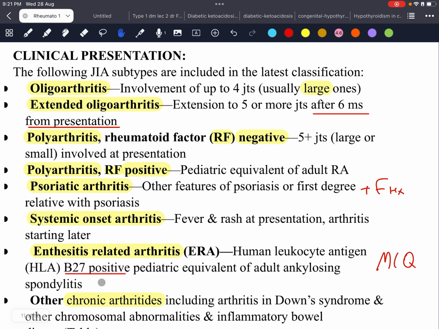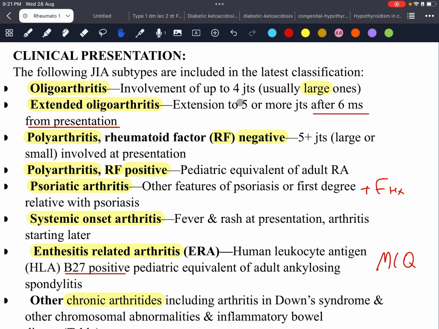So here, we talk about the clinical presentation. The clinical presentation depends on the subtype of the disease. We have oligoarthritis, from its name, oligo: only 3 to 4 joints are involved, not more than 4 joints.